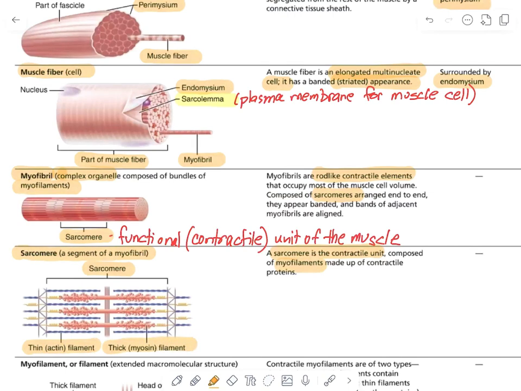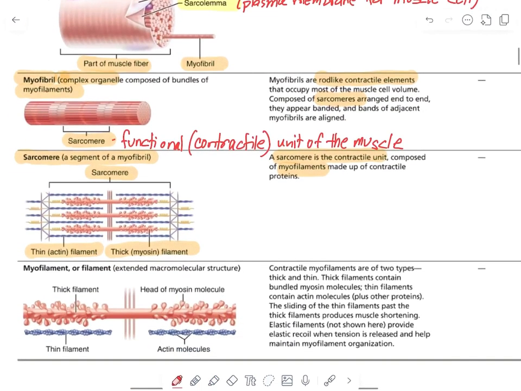You should know the structure of the sarcomere. Within that sarcomere, these myofilaments are shown in this last row. The myofilament is either the thick filament or the thin filament. You need to know that the thick filament is the myosin protein, and the thin filament is the actin protein.